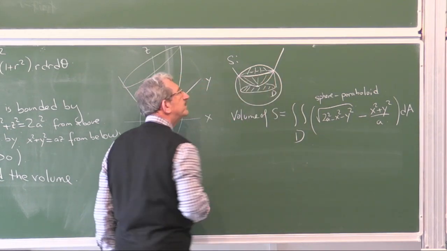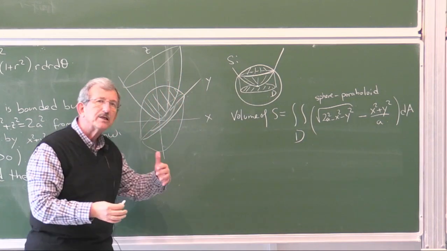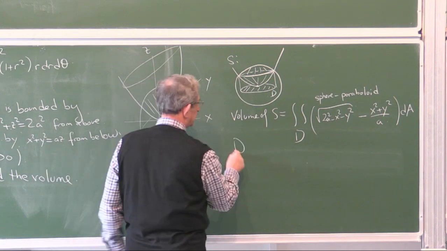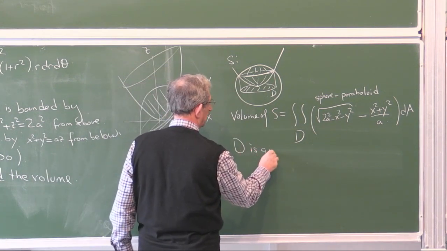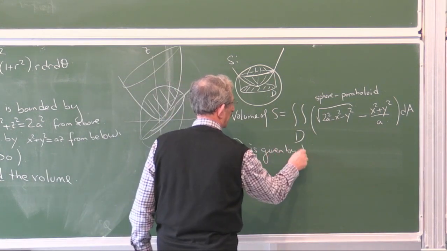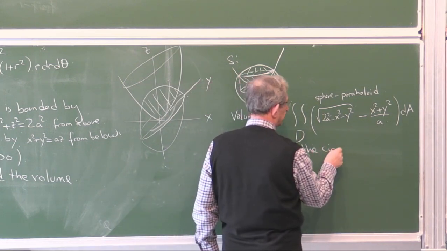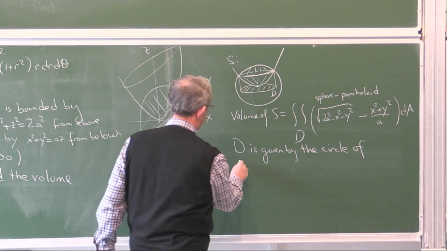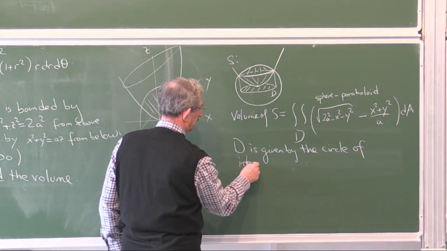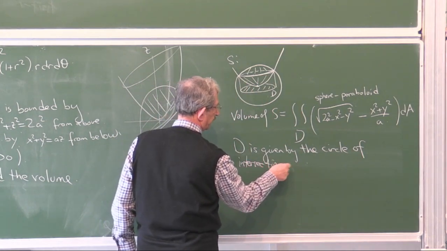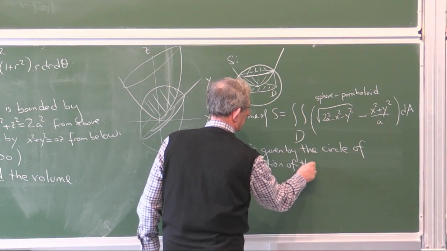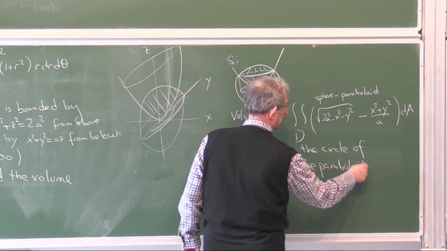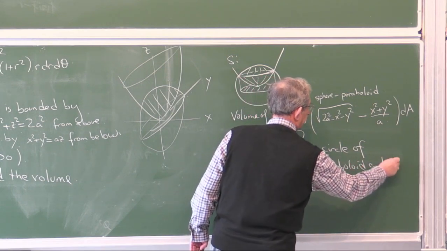But this is the intersection of the paraboloid and the sphere. So, D is given by the circle of intersection. It's a circle, as we will see in a minute, of the paraboloid and the sphere.